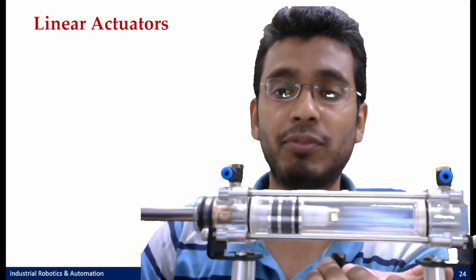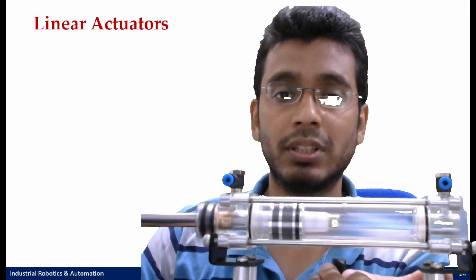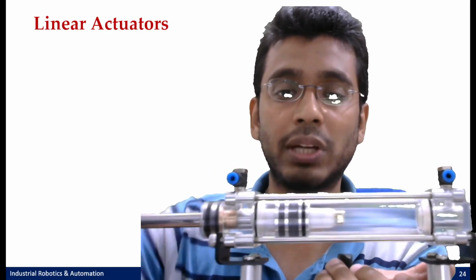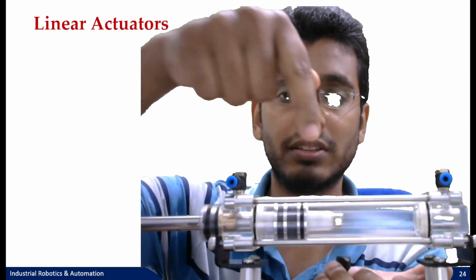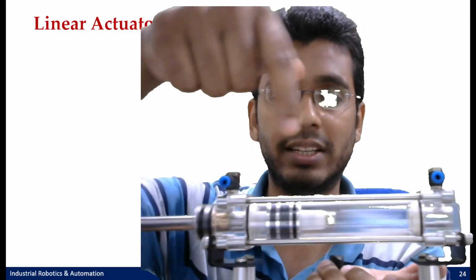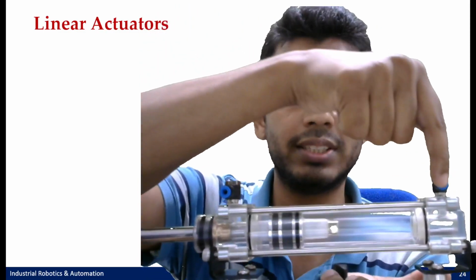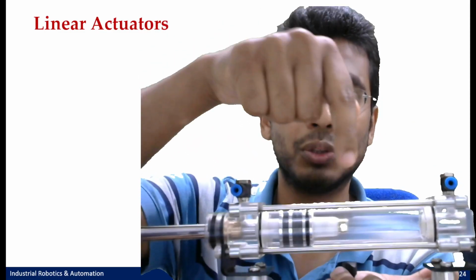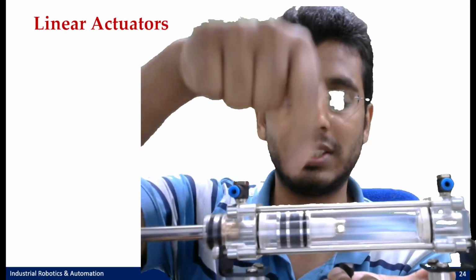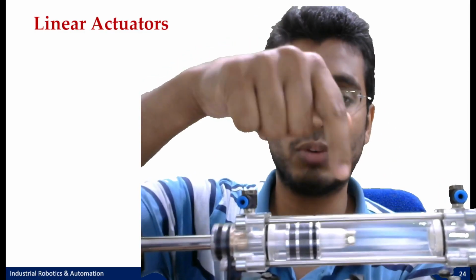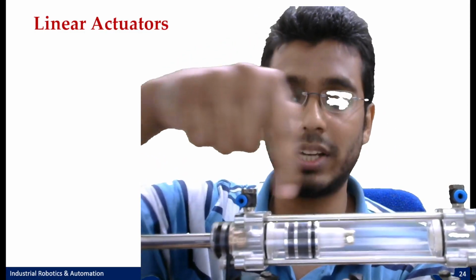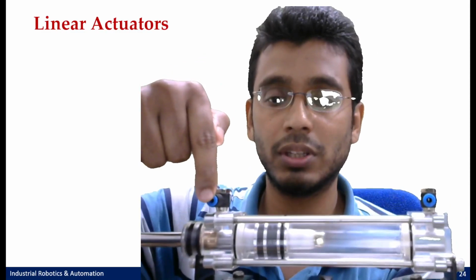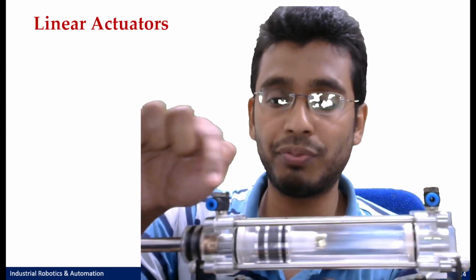Similarly, if I have to retract, what would I do? Through the valve, I would change the direction of my pressurized line. Earlier my pressurized line was going to this port, and this was my drain line. Through the valve that is sitting somewhere here in the control element, I would now change the direction of the pressurized line to this port.